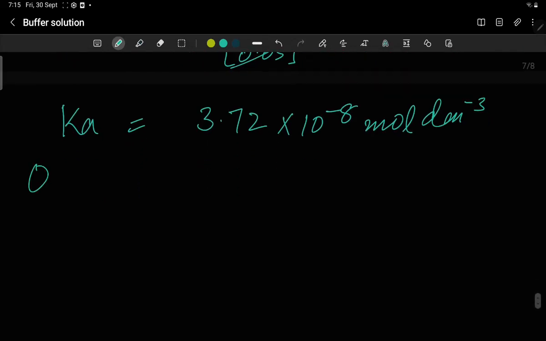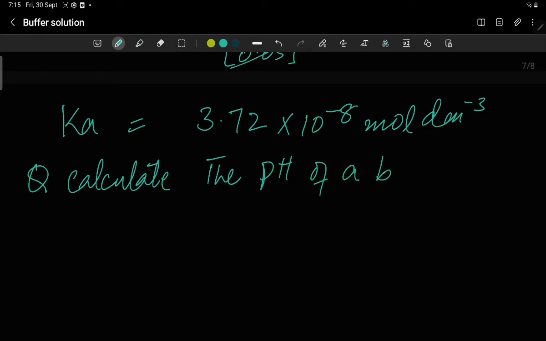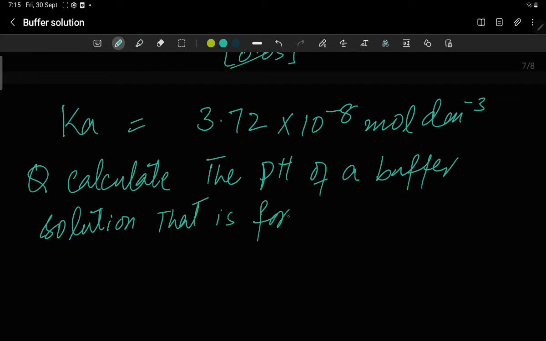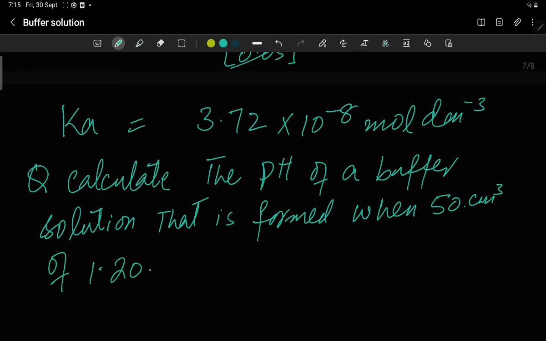There is another question. Calculate the pH of a buffer solution that is formed when 50 centimeter cube of 1.20 mole dm inverse cube ethanoic acid is mixed with sodium ethanoate.